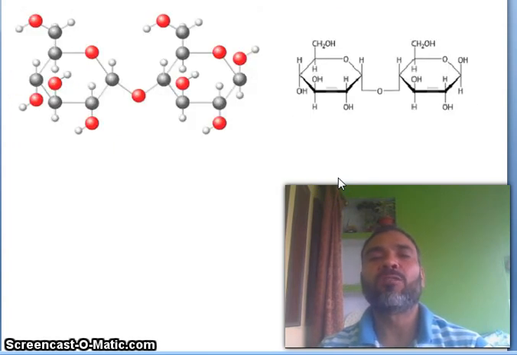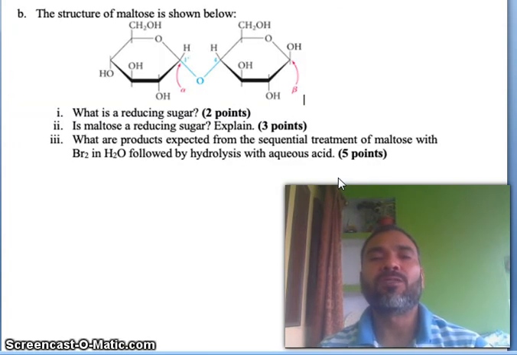This is the model you have already seen. Now, how do university examinations ask questions? The structure of maltose is shown below. This is the structure of maltose. The question: what is a reducing sugar? 2 points. Is maltose a reducing sugar? Explain it. 3 points.